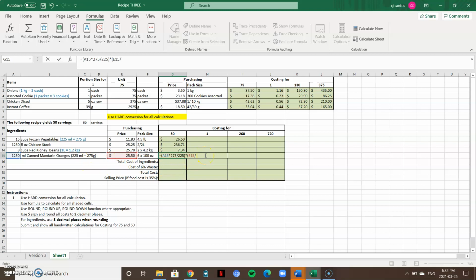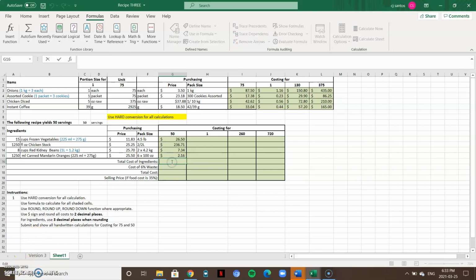So what I do is 600 ounces times 300 grams hard conversion. So that would equal 18,000, close bracket, and that would give me $2.16.